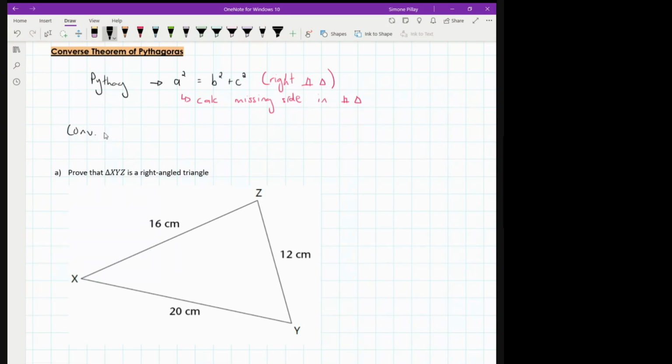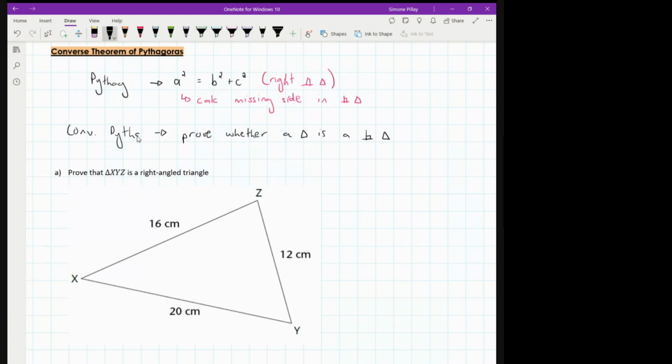The converse tells me that you're going to use the same formula, but you're going to substitute in all the sides. We are using it to prove whether a triangle is a right angle triangle. So that's basically what we're going to be doing today. We're looking at how the converse theorem of Pythagoras works.